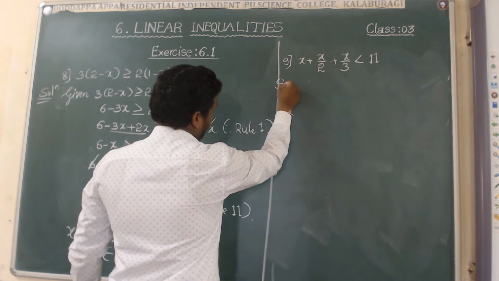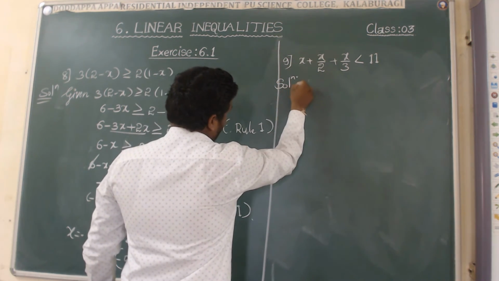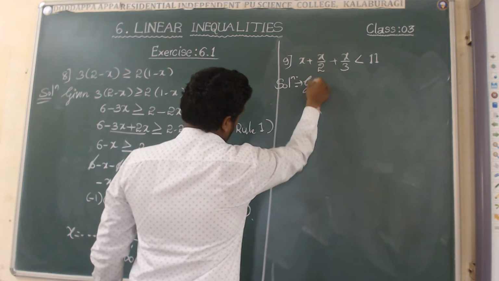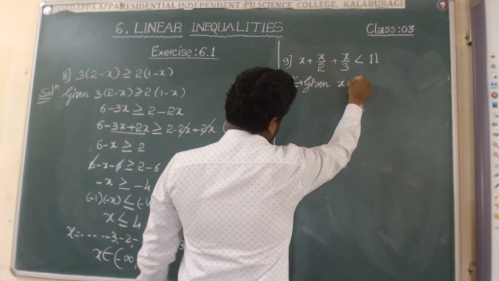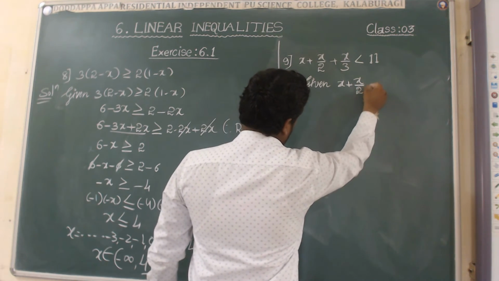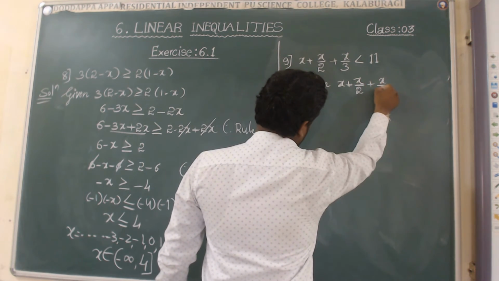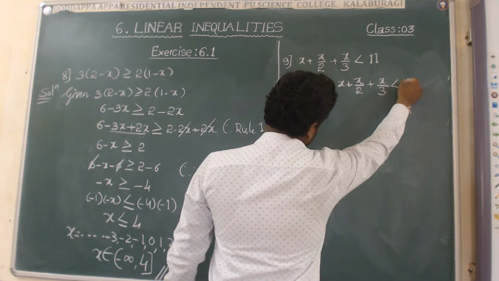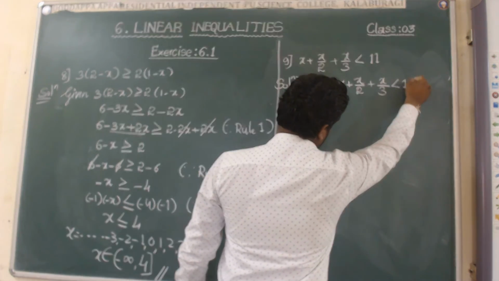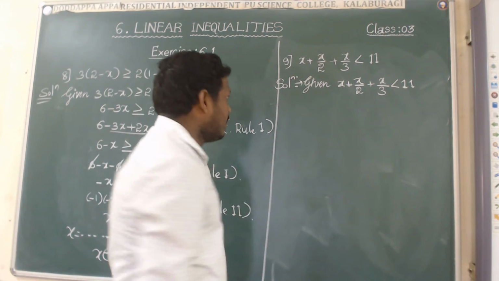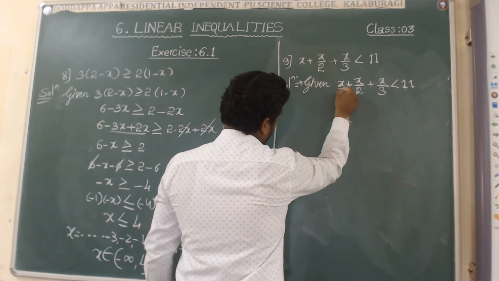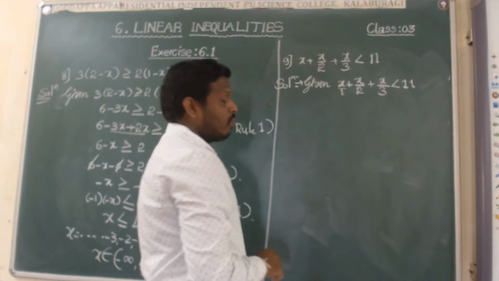Okay, come to the solution of this one. I will write the given as usual: x plus x by 2 plus x by 3 is less than 11. This is the given statement of inequality. Here for x, nothing is below, so what will be present? 1 will be present.